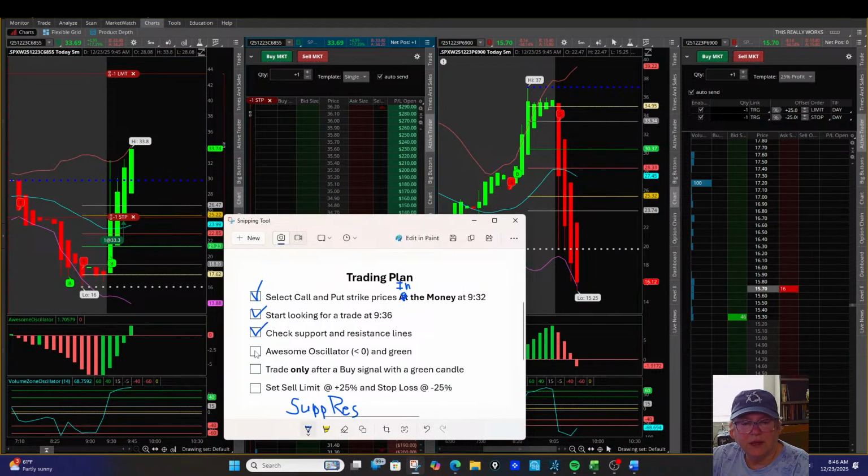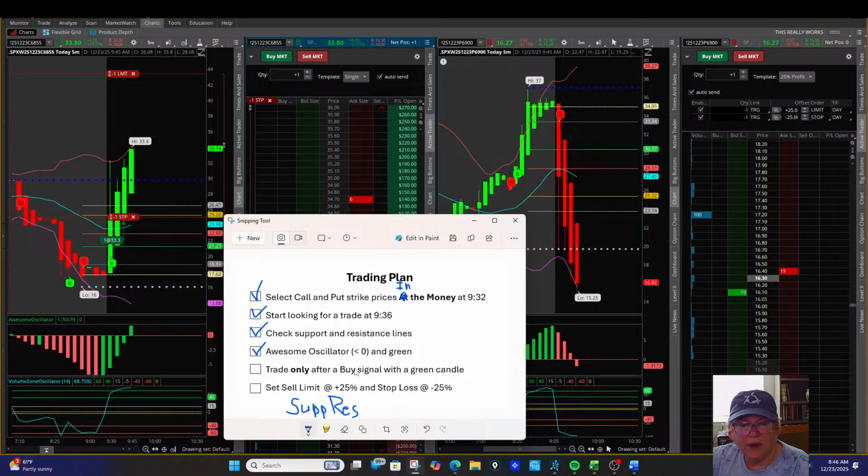The awesome oscillator in this trade, when I made it, it was below 0 and green. And then I traded after a buy signal with a green candle. The buy signal was here, but I didn't trade here.